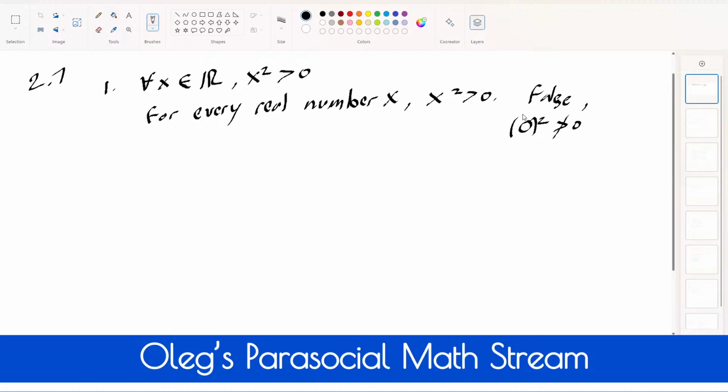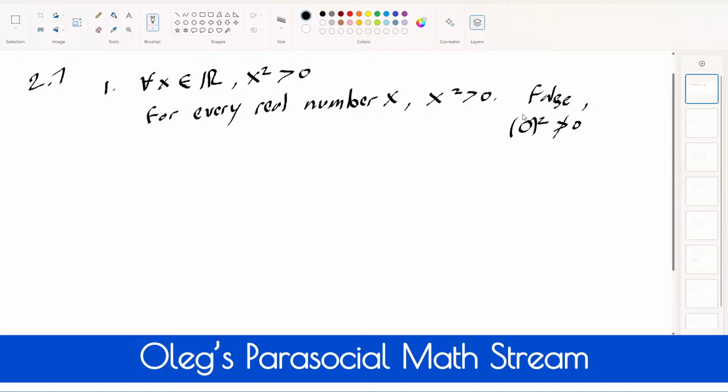What they wrote is: for every real number x, it follows that x squared is greater than 0. And here's how I wrote it: for every real number x, comma, x squared is greater than 0. So instead of writing it follows that, I wrote it word for word how they wrote the first answer, which makes sense. I was just looking at the previous examples that we were playing around with and looked at the structure there, so that wasn't hard to figure out.